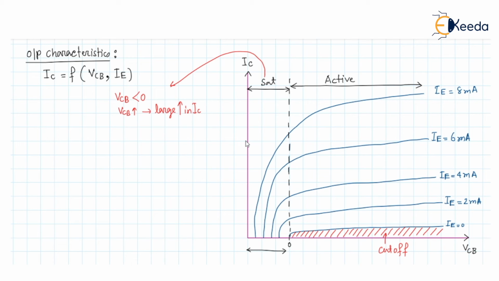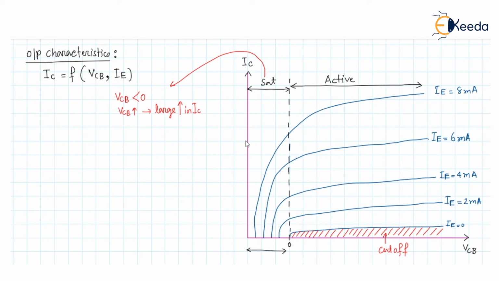Now, in the active region, we can see that the IC current is nearly constant for the VCB value, and in the cutoff region, the IC value is nearly 0 because the junctions are at reverse bias.